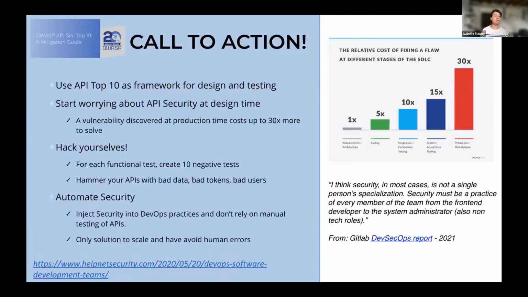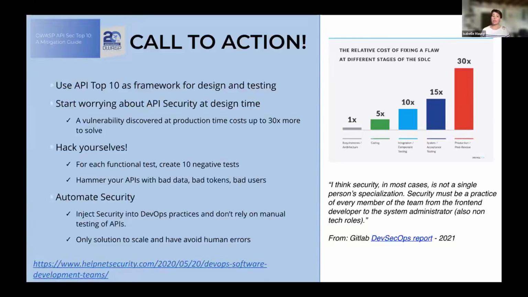And that's my last point, and maybe the most important one. We have to automate. You have to define those best practices, those design rules, those runtime rules, those tests, and don't rely on manual testing as much as possible, for the security team and also for the developers, right? Because that's the only way we're going to scale and avoid those human errors we talked about at the beginning, whereby we're going to introduce errors because we're human, right?